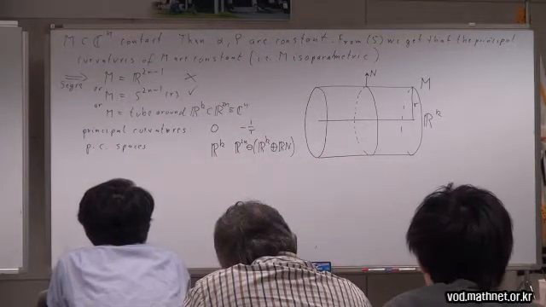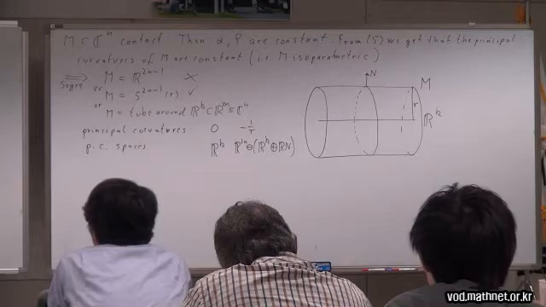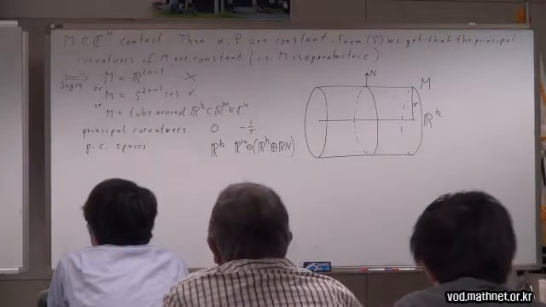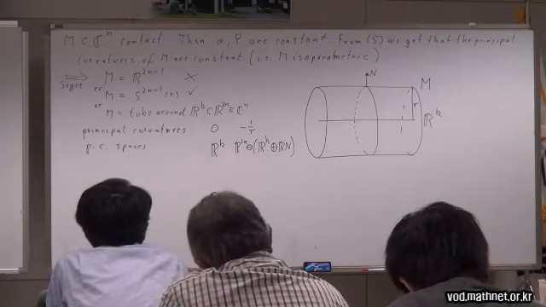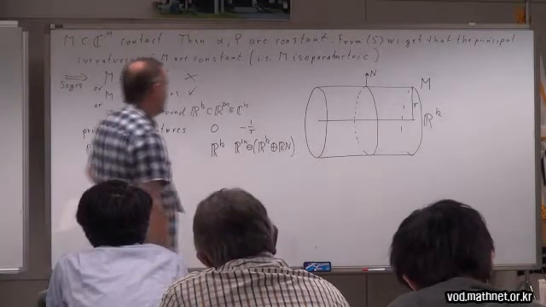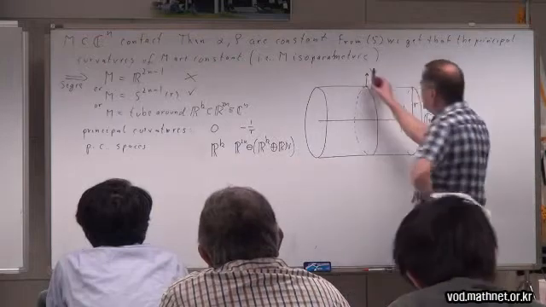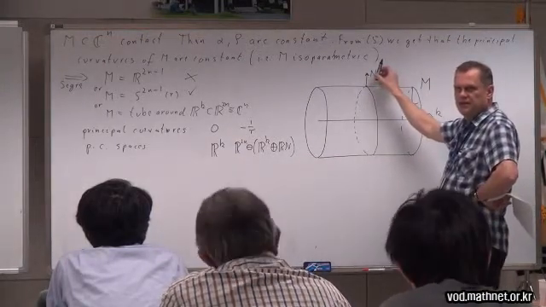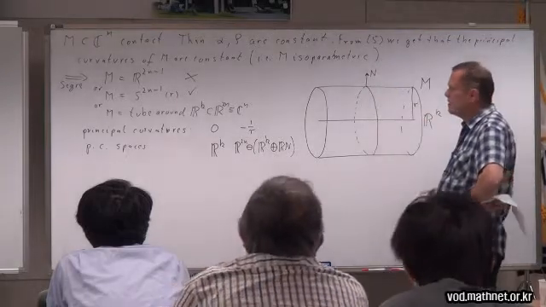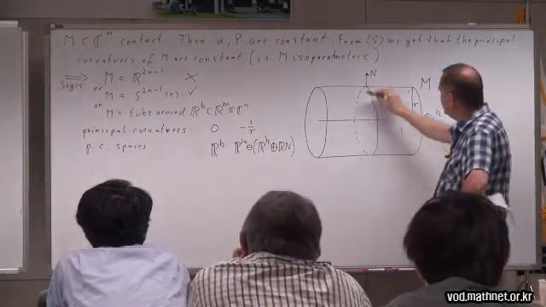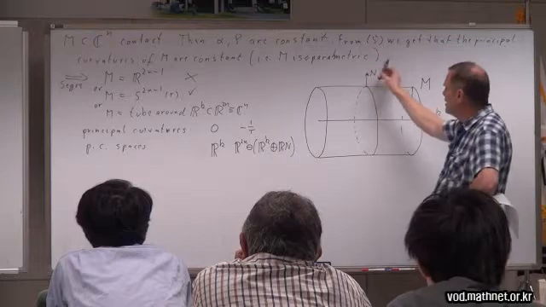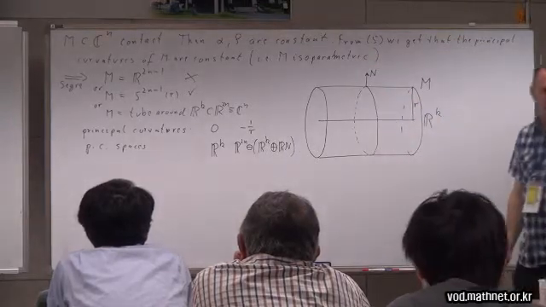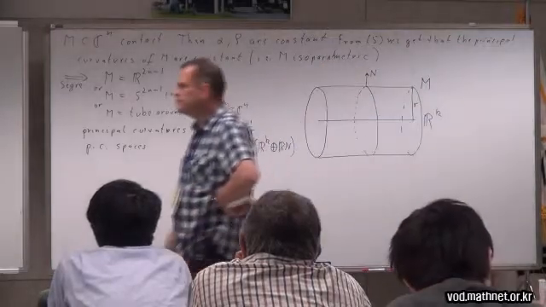So we have some necessary conditions. Let's check the first one. When is this actually a Hopf hypersurface? What we want is that Jn is a principal curvature vector. So it must be either tangential to the Rk or tangential to the sphere for it to be Hopf.